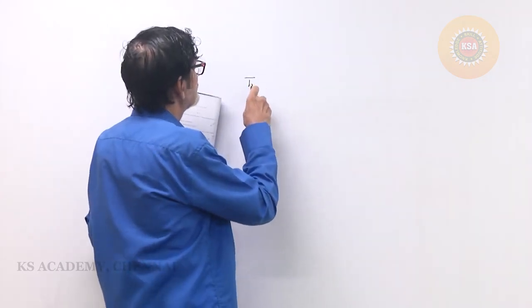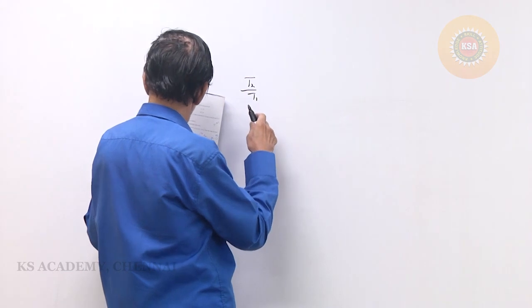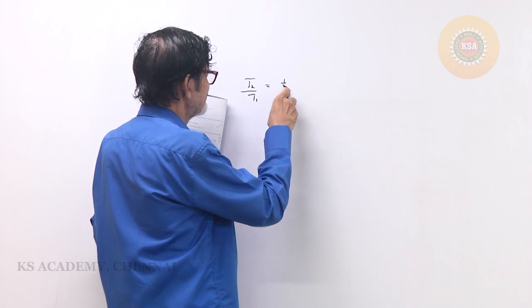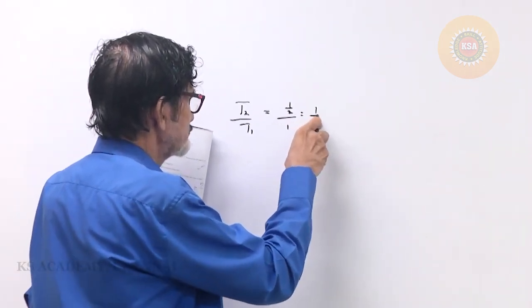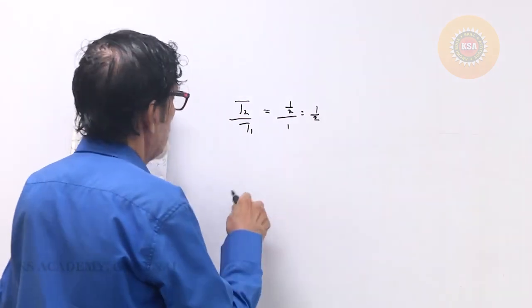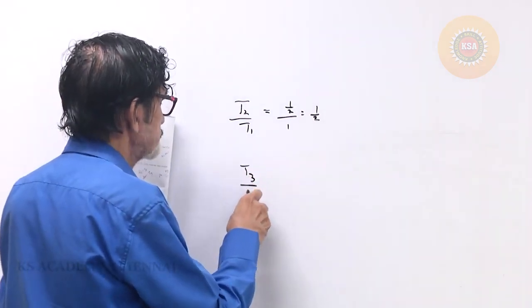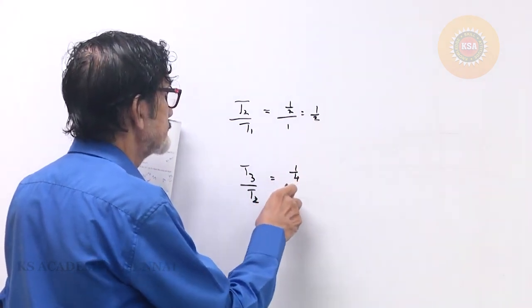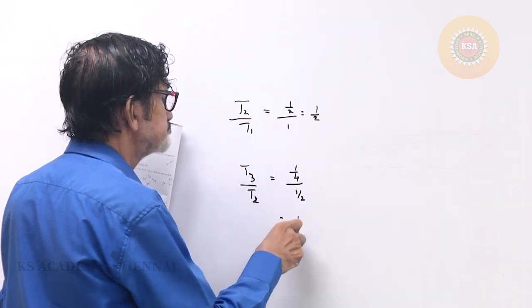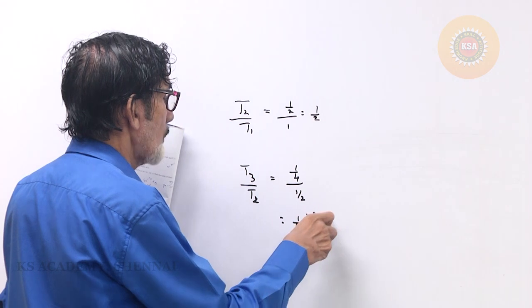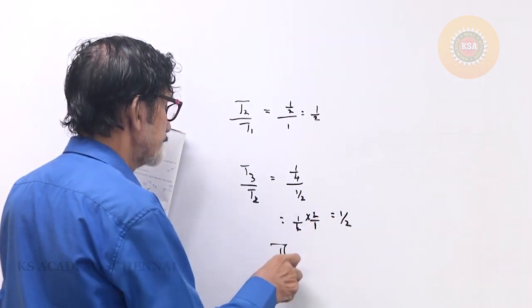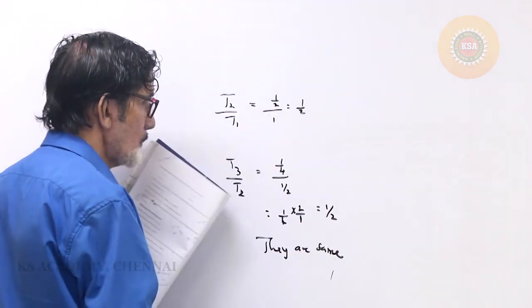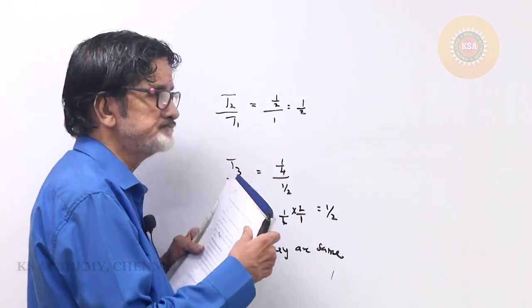T2 by T1, T3 by T2, they are the same, GP.